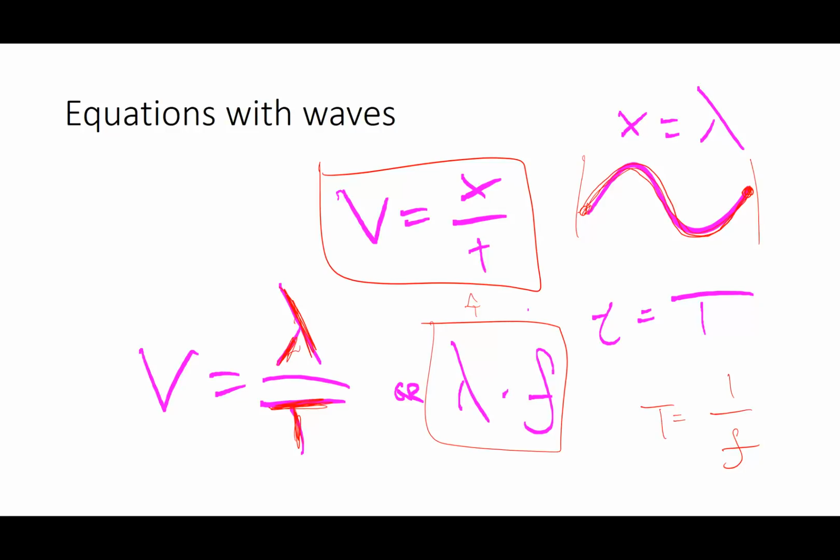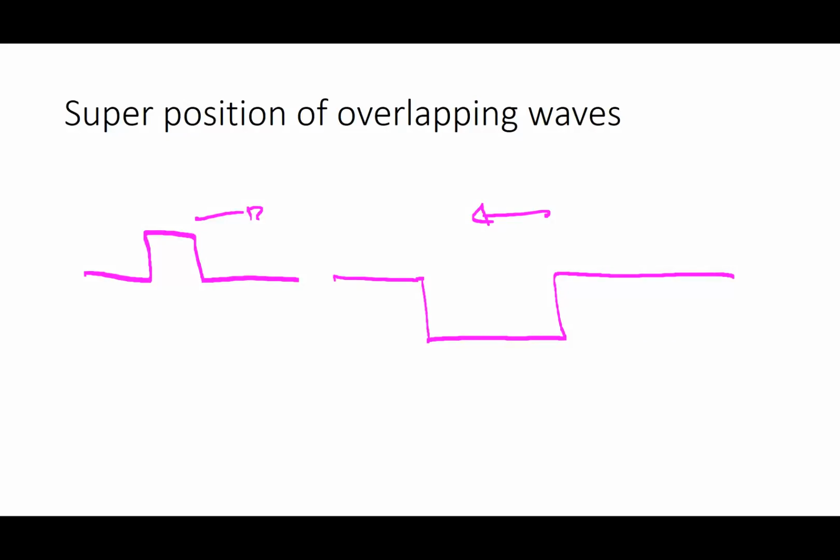Let's see how useful that can be. Alright, here we have two waves. This is the idea of superposition and overlapping. So we have constructive and destructive interference. As this wave is moving over here to the right, it's going to overlap with this wave to the left. As this guy continues to move over here, he is going to occupy this space.